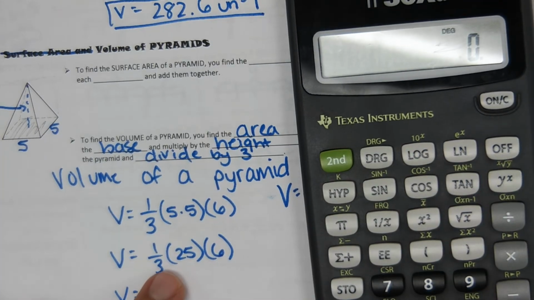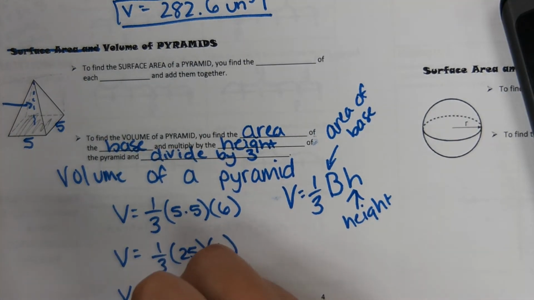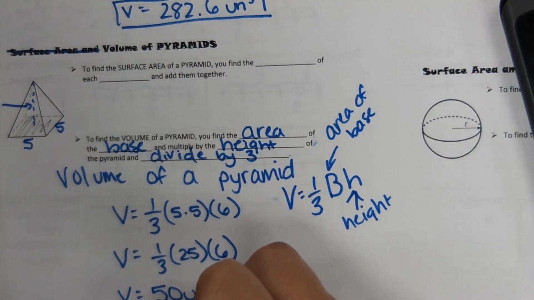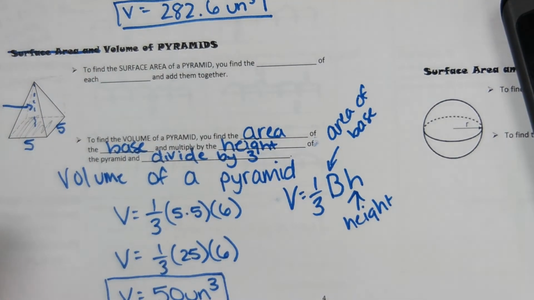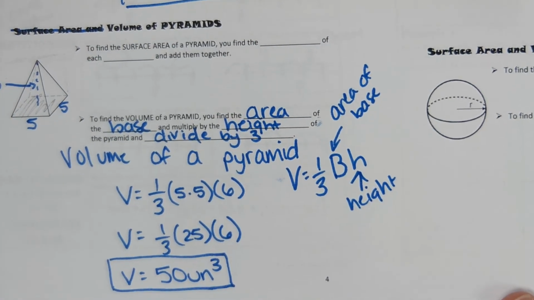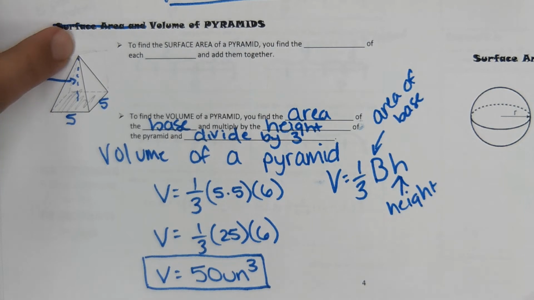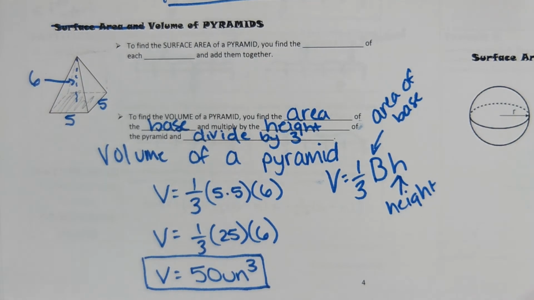I'm going to use the fraction button. It comes out to 50. So it's actually the same equation we were just using, except we divide by 3 because it doesn't take up all the space of a prism.